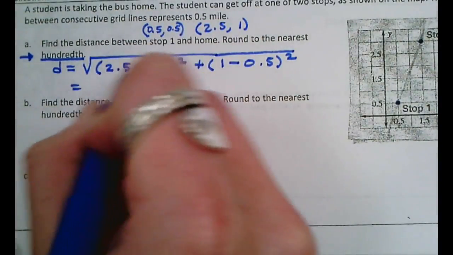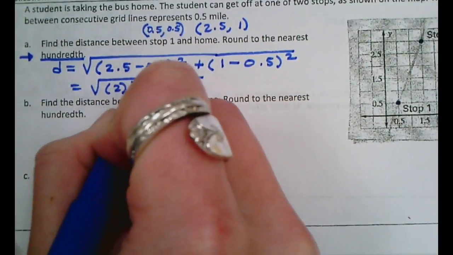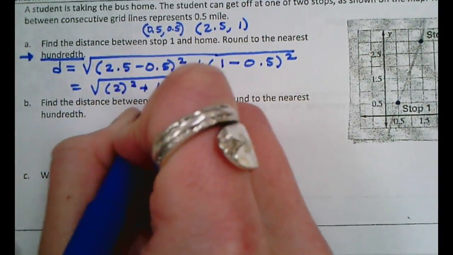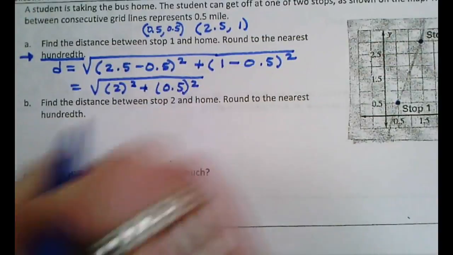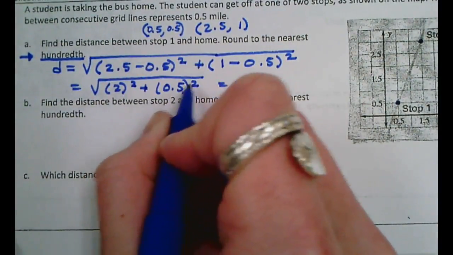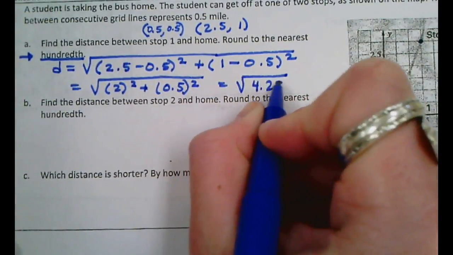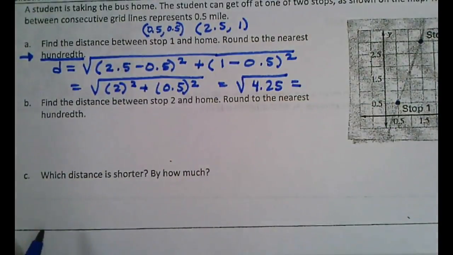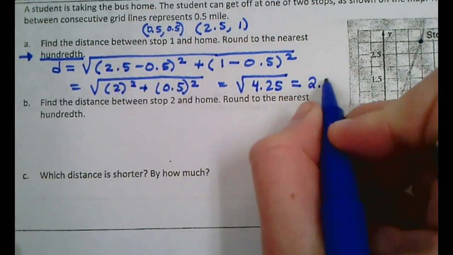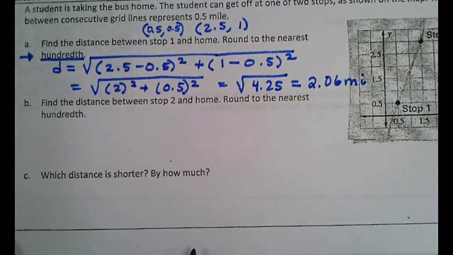This simplifies to the square root of 2 squared plus 0.5 squared. Simplifying 2 squared and 0.5 squared, I get the square root of 4.25. And rounding to the nearest hundredth, I get 2.06 miles.